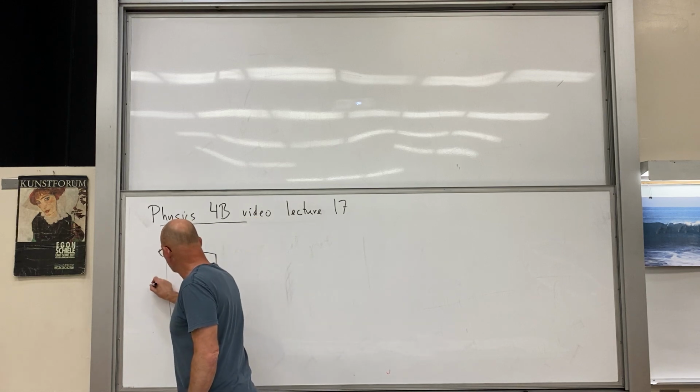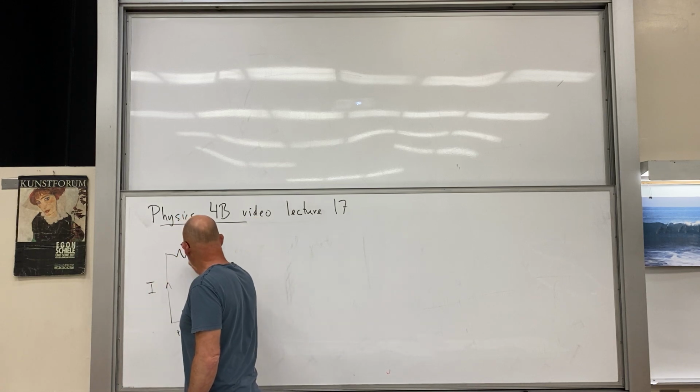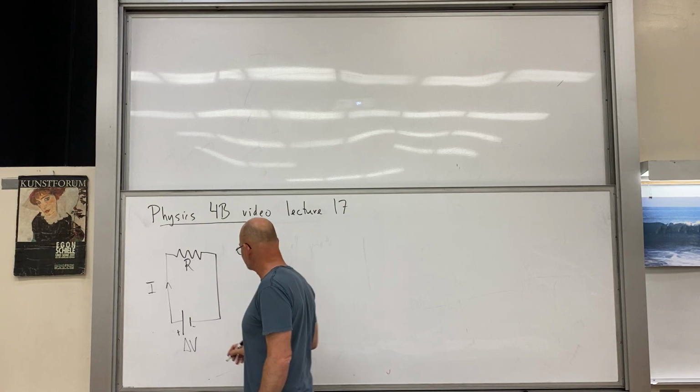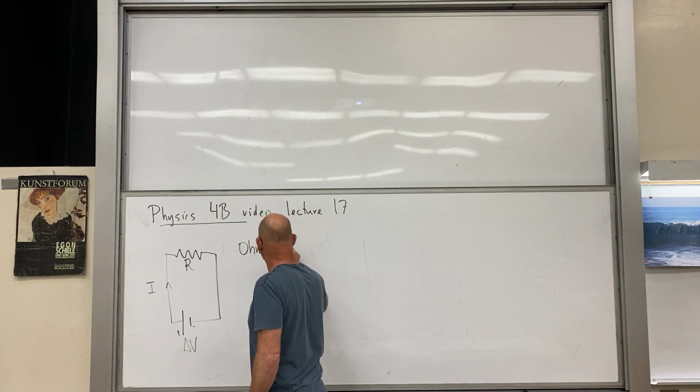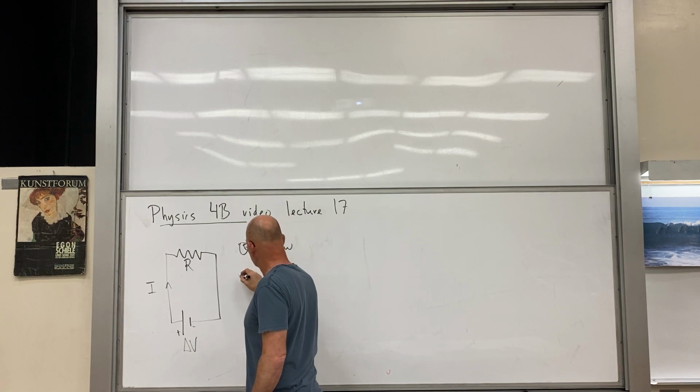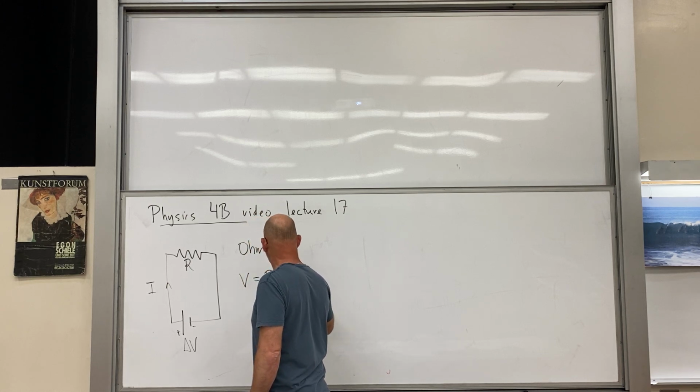We get a current going from plus to minus, and there's our resistance. And we have Ohm's law: V equals R times I.